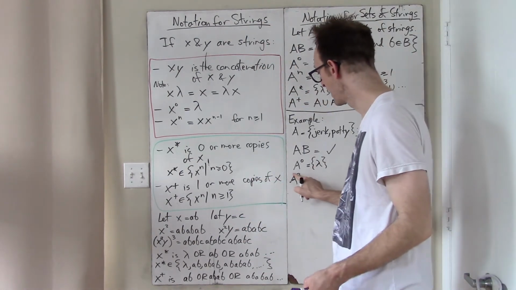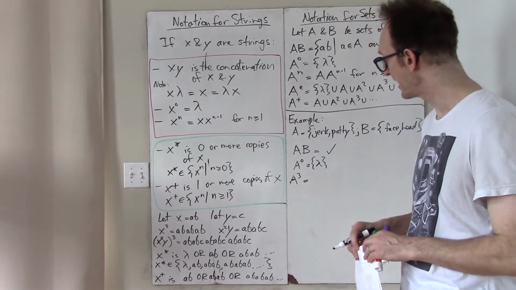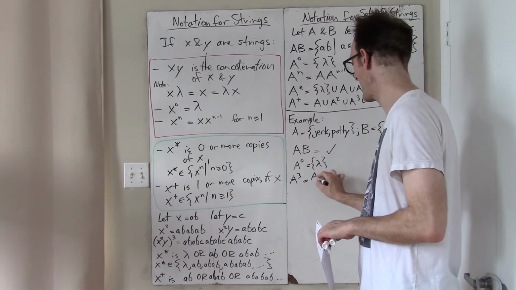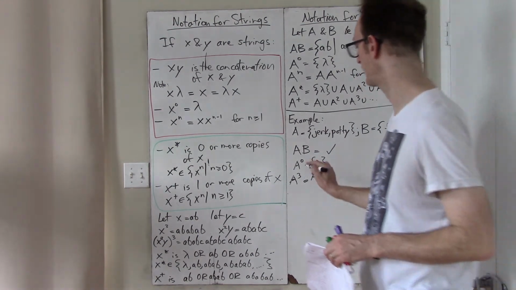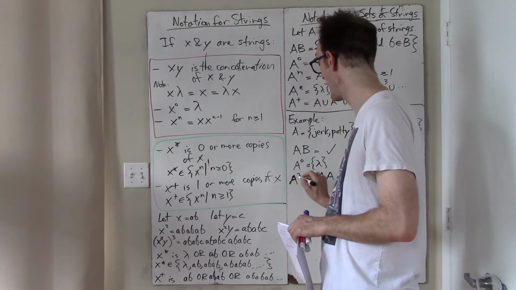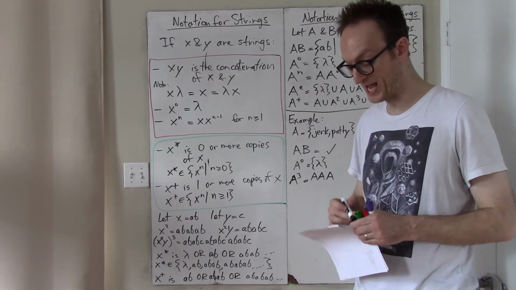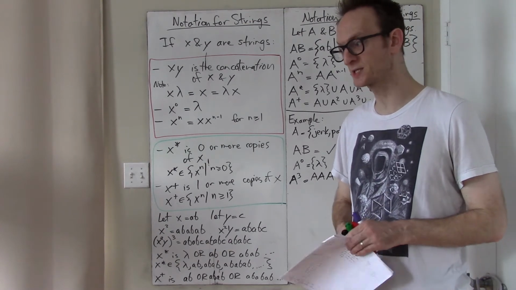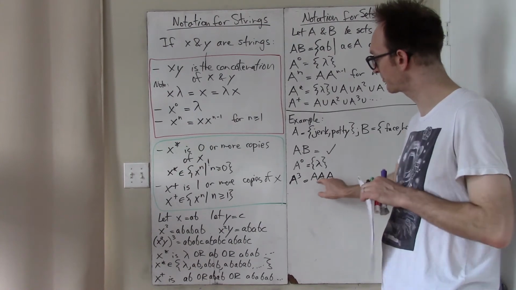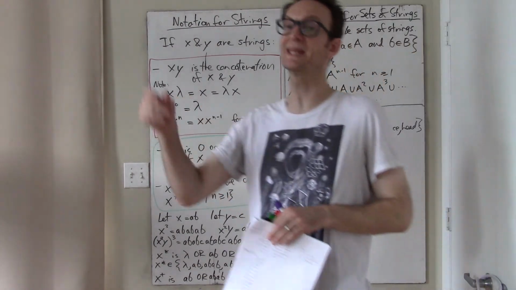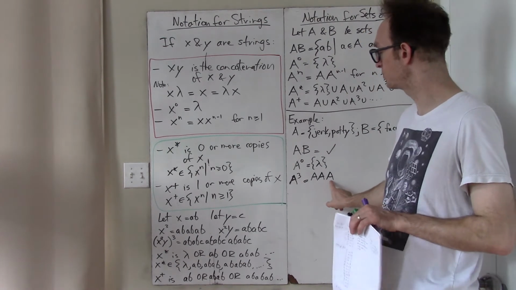A cubed is the set of all strings which are composed of, well, what it is just A. But notice that once I write A cubed as A, then when I go to interpret that, it's all the strings which are themselves concatenations of 3 versions of something in A. So I'm going to have 2 choices for this one, 2 choices for this one, and 2 choices for this one.